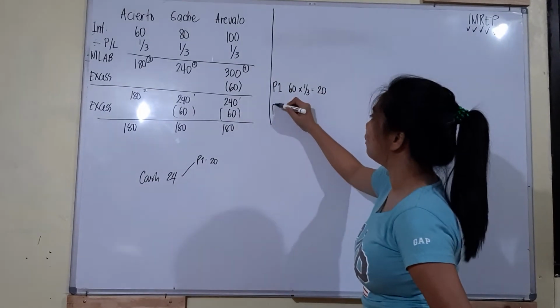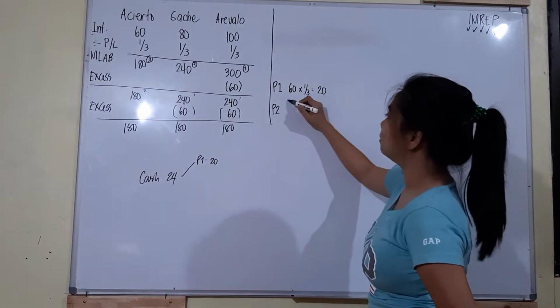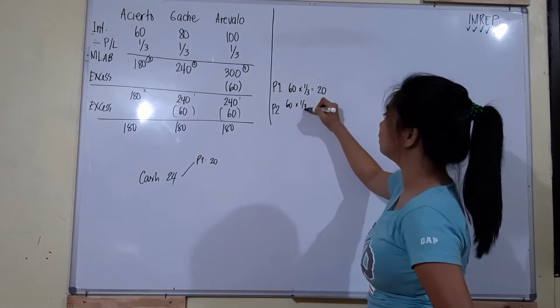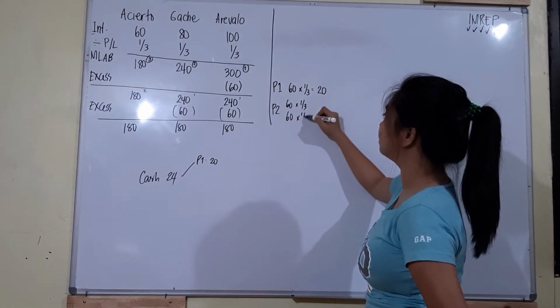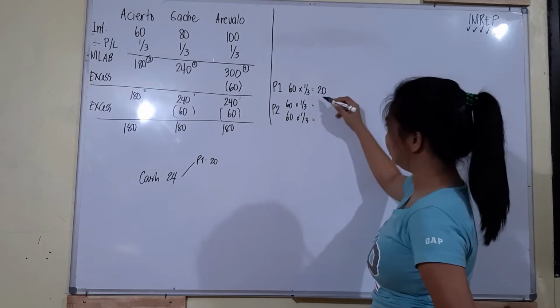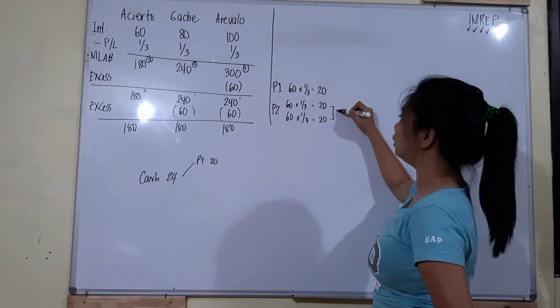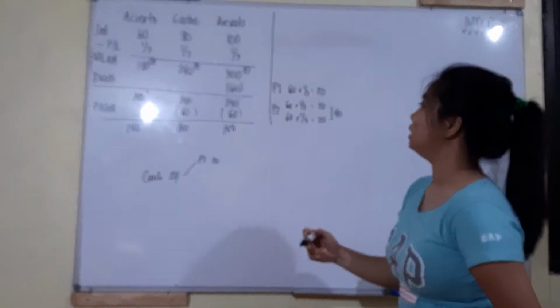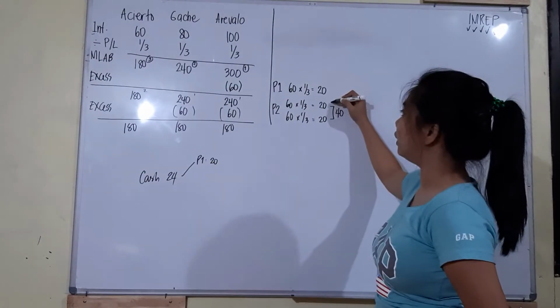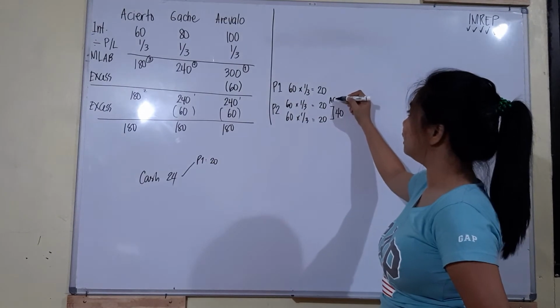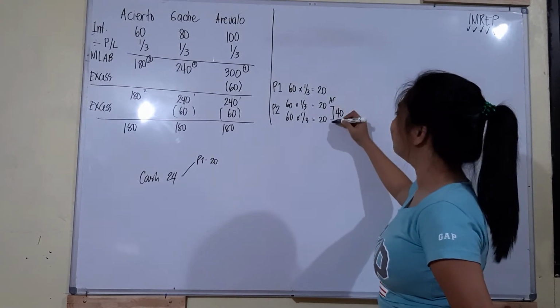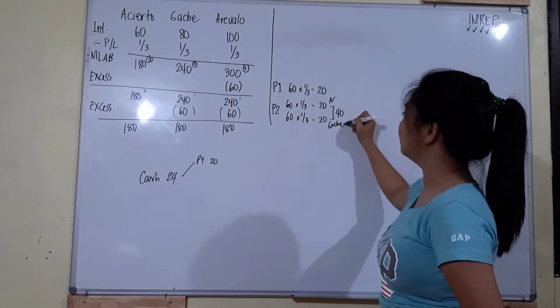So, ibig sabihin, our priority 2, so we have 60 times 1/3, and 60 times 1/3. This is 20 and 20. So, the total of priority 2 is 40. Okay? Which is, this is for Arevalo, and, pareho lang yun. Arevalo and Gache. Okay?